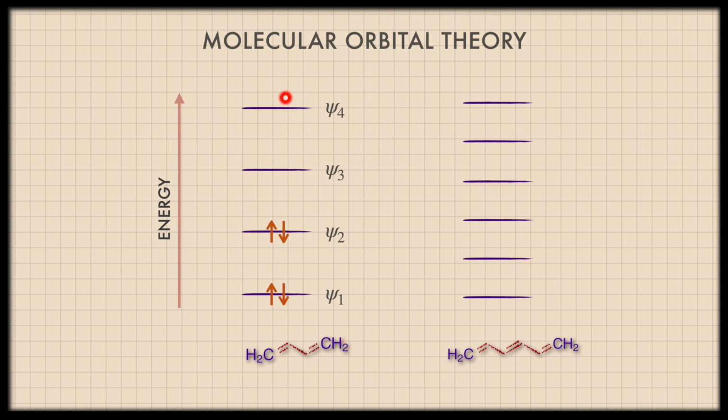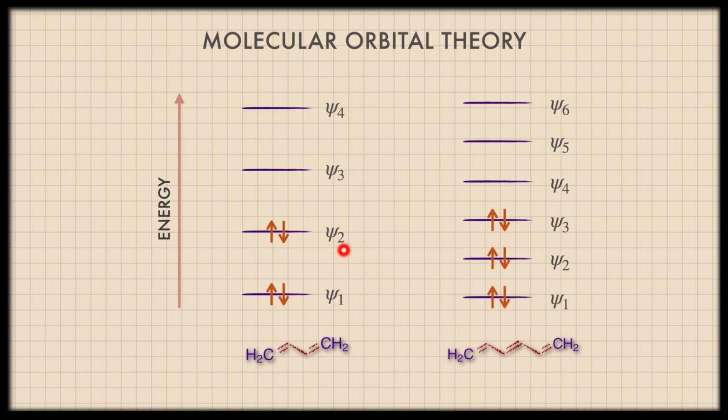We will have these 4 different energy levels. The more the conjugation, the more the number of molecular orbitals. So in this case, let's say they are chi 1, chi 2 up to chi 6. Now again 3 pi bonds, so 6 total electrons, they will occupy the lowest energy possible.